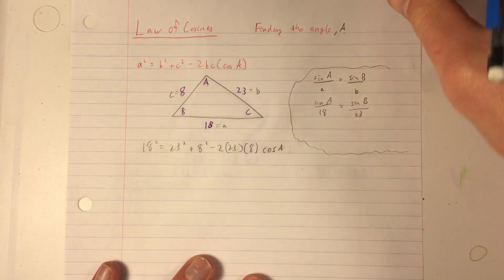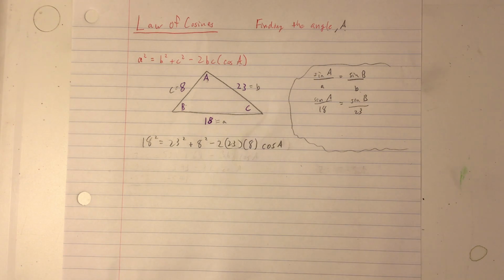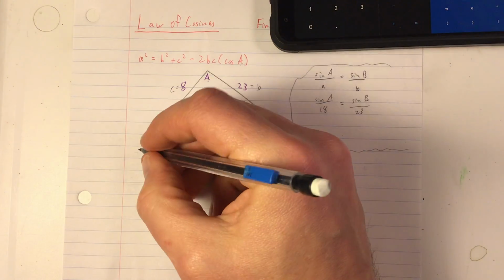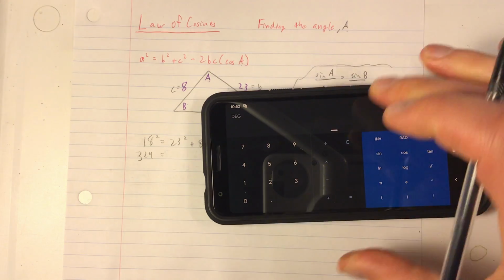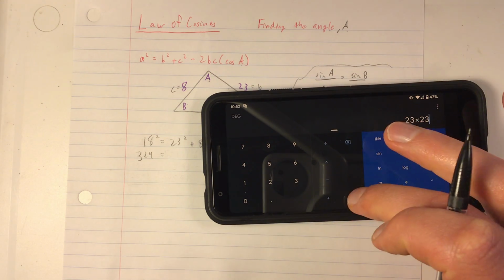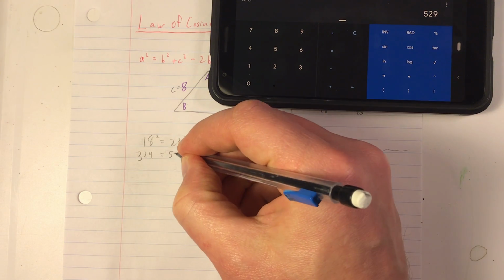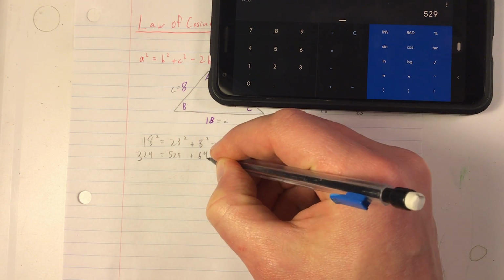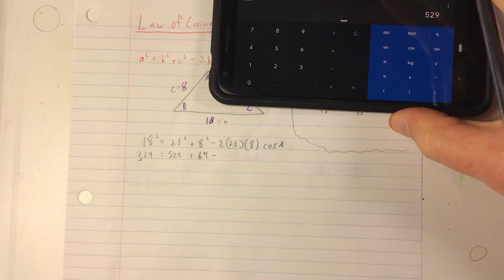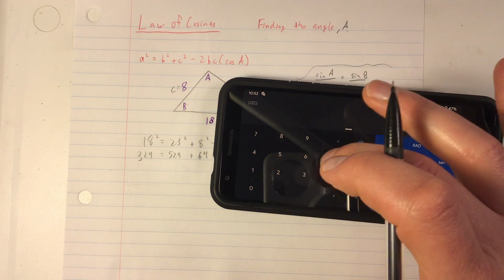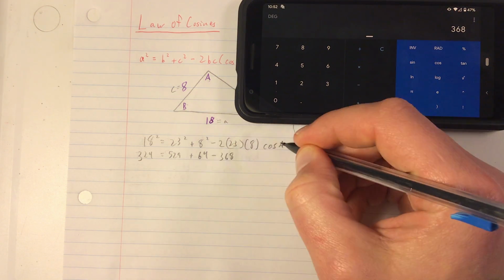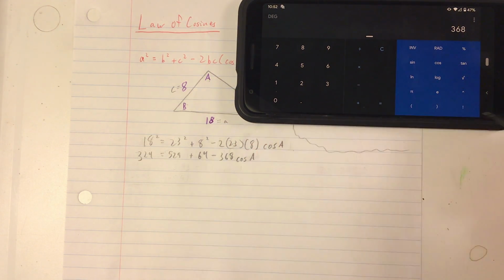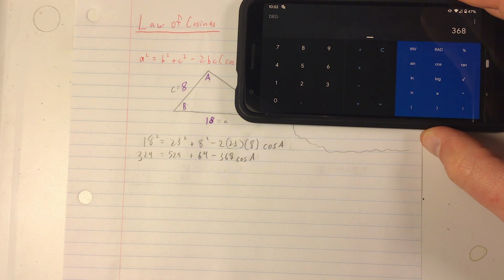All right, so 18 squared, and that's going to be a nice 324. 23 squared, 23 times 23, 529. 8 squared, I know that one, that's 64. 2 times 23 times 8, 368 times the cosine of angle A. All right, doing just fine so far.